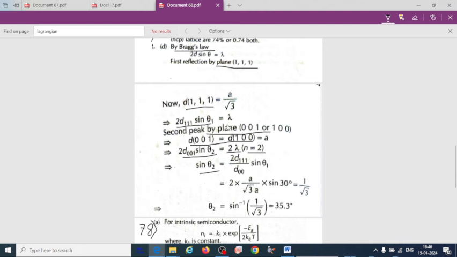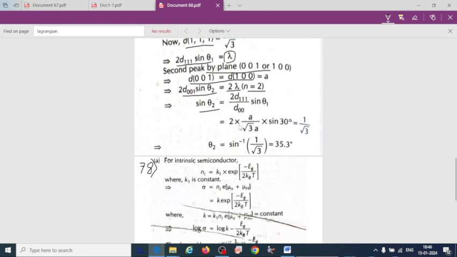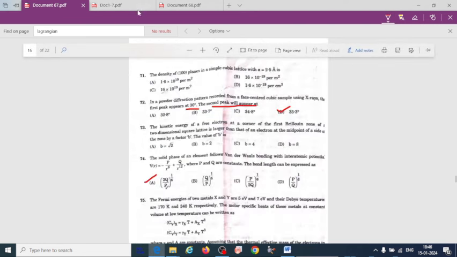So here we should substitute the lambda value from peak 1. Then 2 into d111 is what? a divided by root 3, divided by a, into sine 30 degrees. The first peak they have given is observed at 30 degrees.